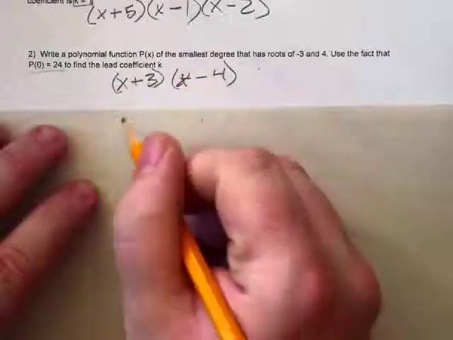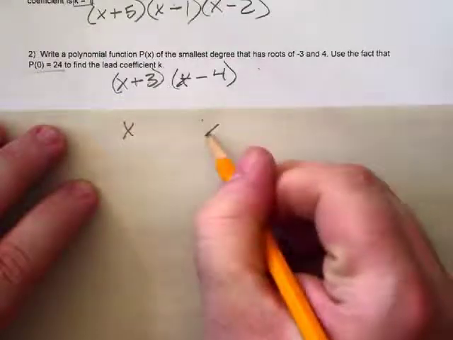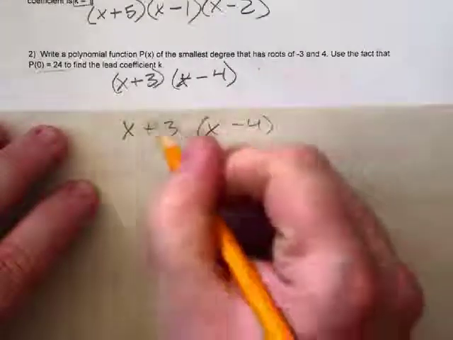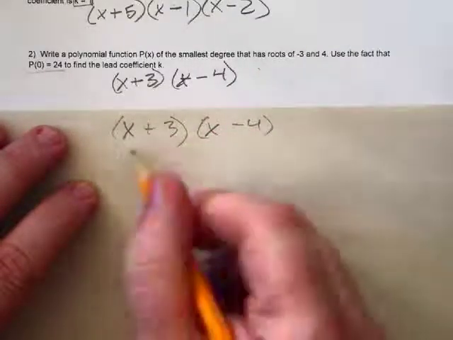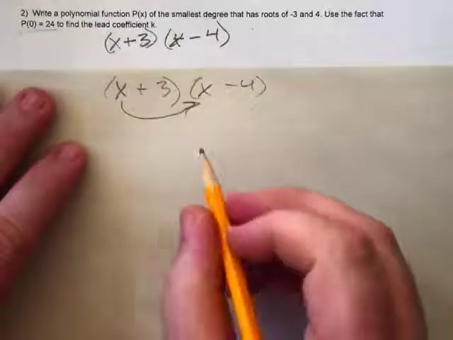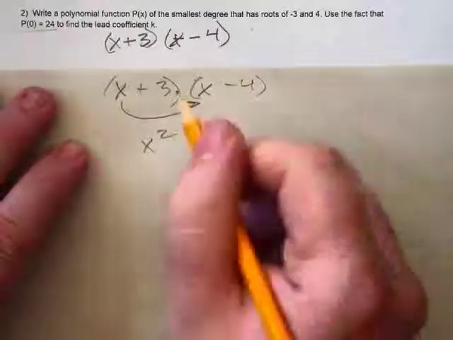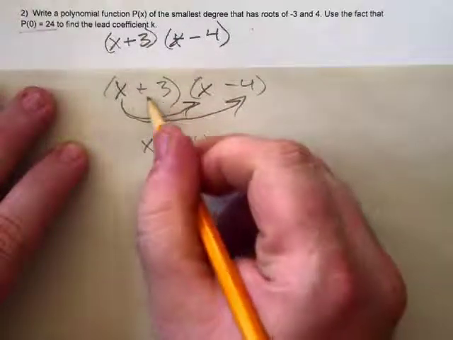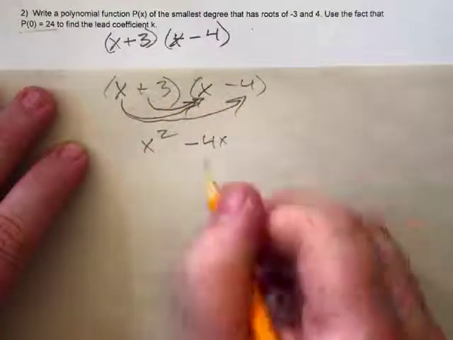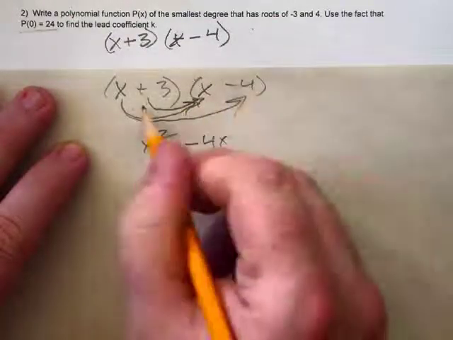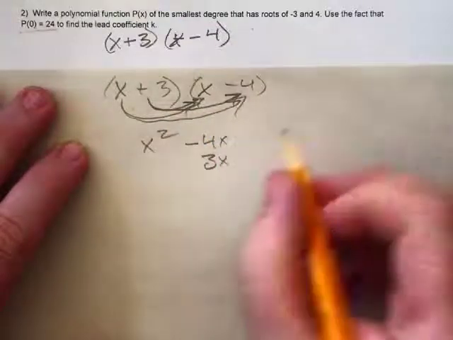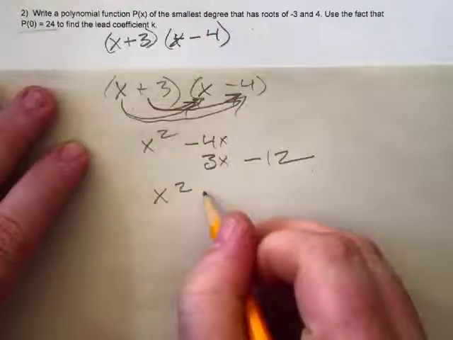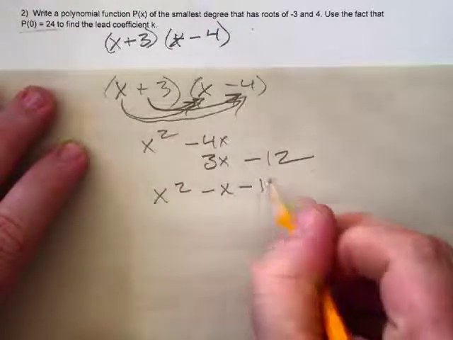First and first, x times x gives us x squared. And we have x times negative 4, so minus 4x. Then our inside, 3 times x is 3x. And 3 times negative 4 is minus 12. We're left with x squared minus x minus 12.